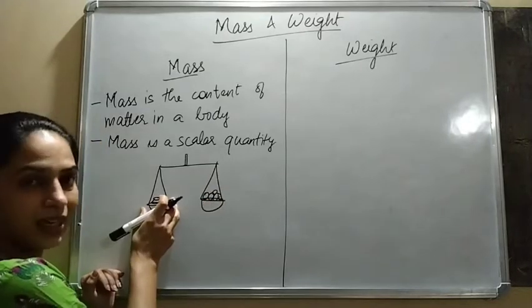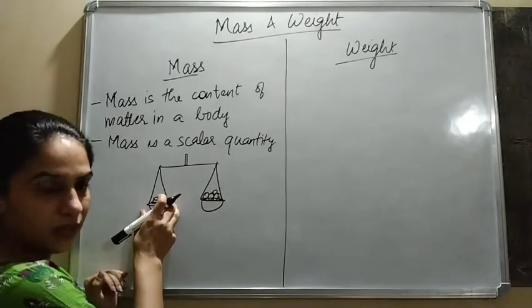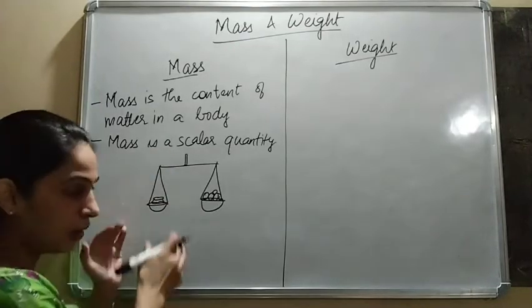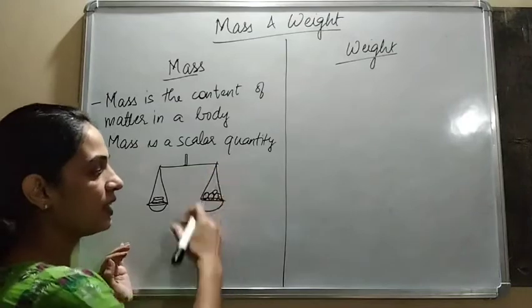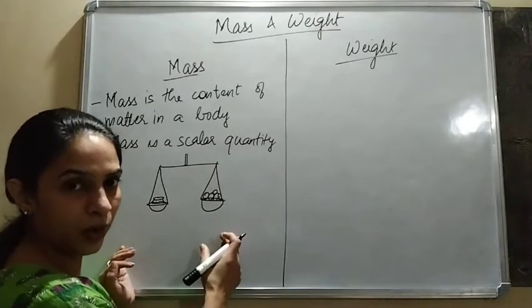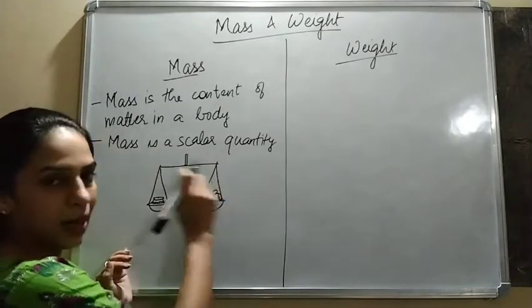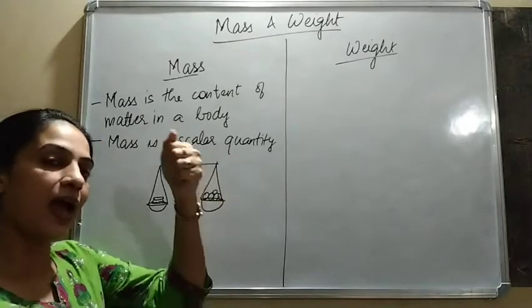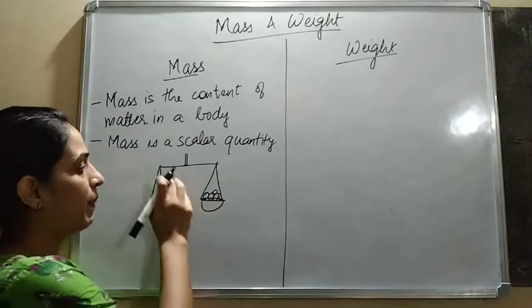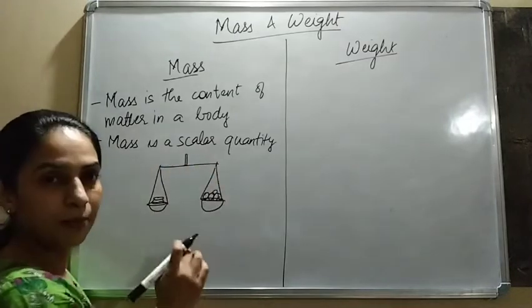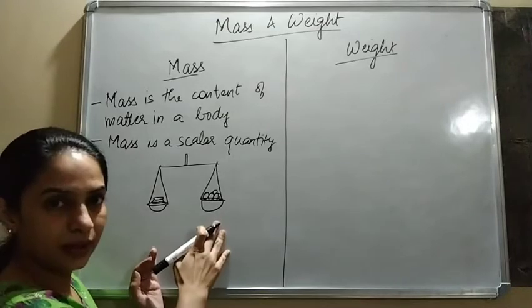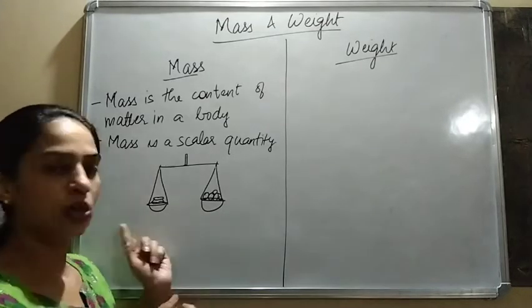As soon as he adds 1 kg weight over here, this side of the pan will go down because this is heavy. Then he starts adding potatoes one by one till this becomes balanced. He holds this handle in his hand until both of them become balanced or this rod becomes parallel. He keeps adding so that this is a measure of mass.